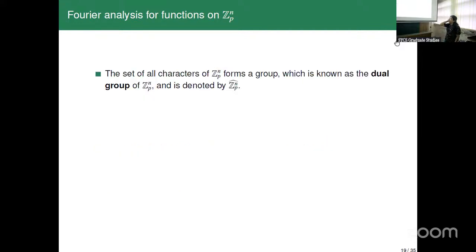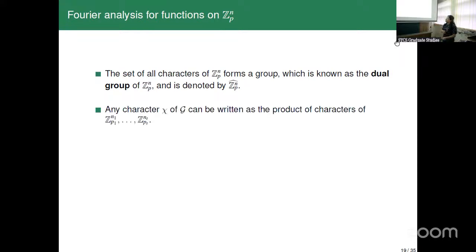So the set of characters of Z_p^n forms a group, and it is known as the dual group of Z_p^n, and is denoted by Z_p^n hat. And any character of G can be written as a product of characters of its individual components.